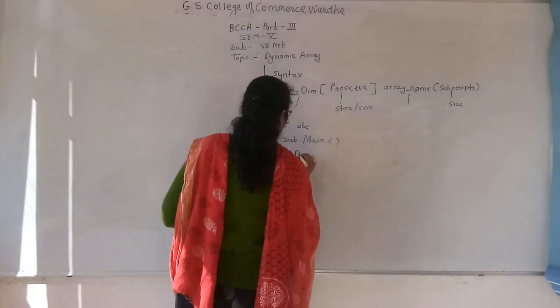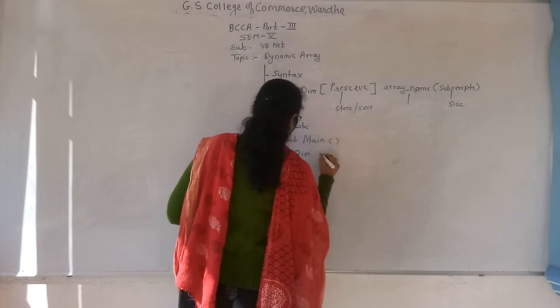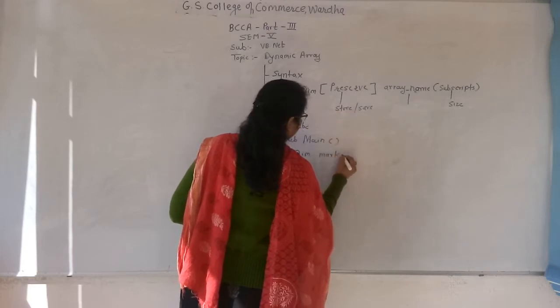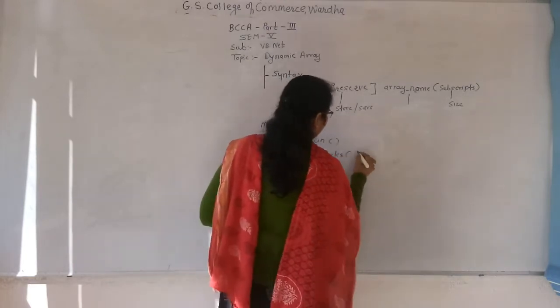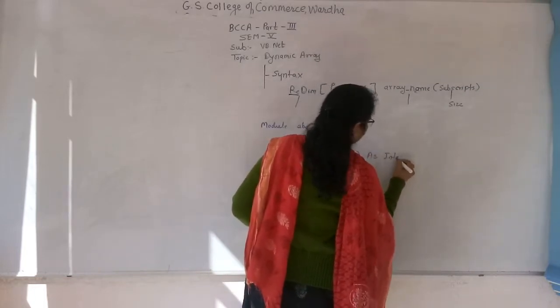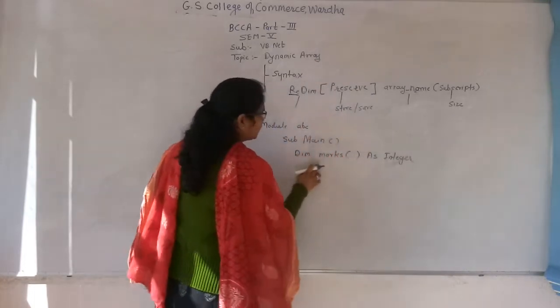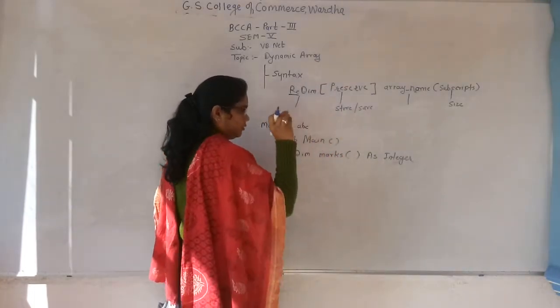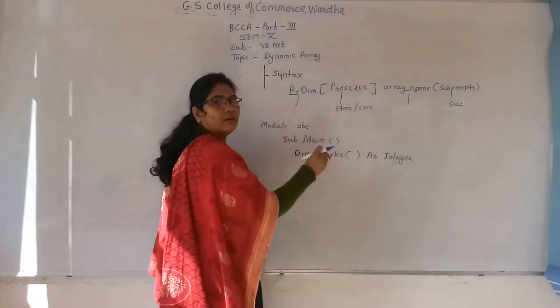Here I declare Dim marks with empty brackets as Integer. This statement indicates that this is a dynamic array.